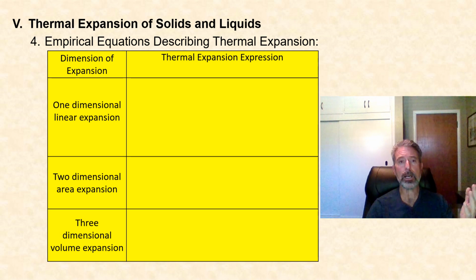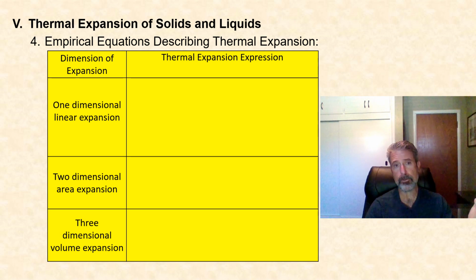And I would say this, that you may say, well, why talk about one-dimensional expansion? There's no such thing as a one-dimensional object. But very often we are only interested in the expansion in 1 dimension, in which case we're not worried about the expansion in other dimensions. We don't have to treat the full volume expansion.